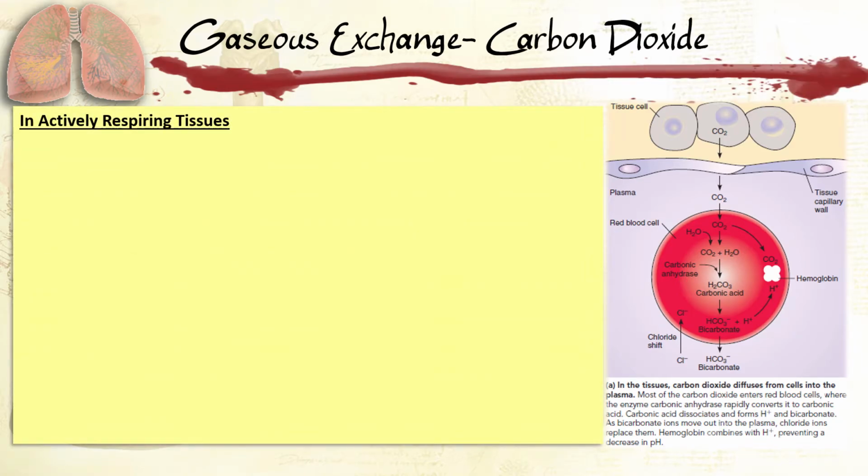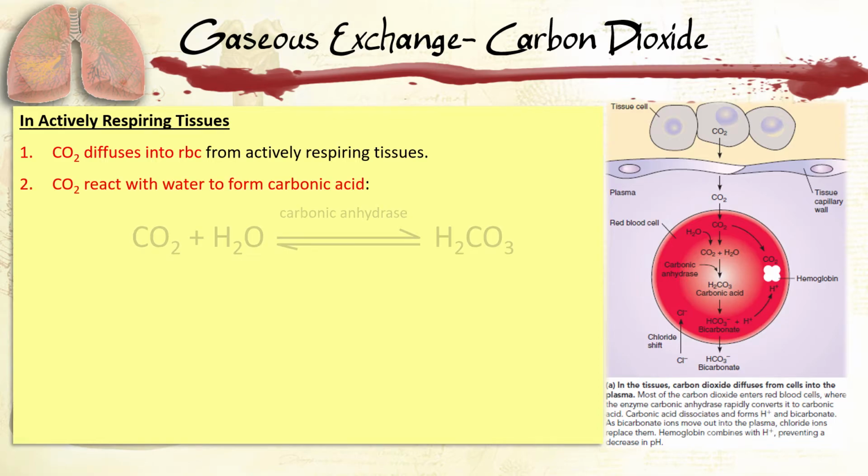As for carbon dioxide, it's a bit more complicated. In actively respiring tissue, as the carbon dioxide concentration is high, it will diffuse into the red blood cell. The carbon dioxide molecules will react with water, forming carbonic acid.